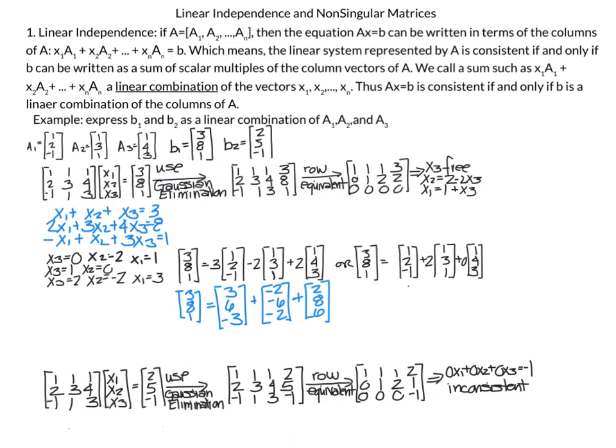We call this sum, where we have scalar multiples of the vectors, a linear combination of the vectors. So when you have vectors and you multiply them by scalars and then add them together, that's a linear combination of the vectors. Thus, Ax equals b is consistent if and only if b is a linear combination of the columns of A.